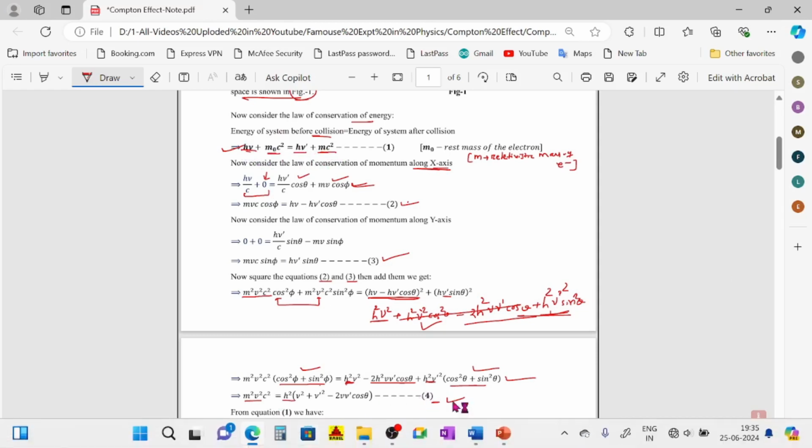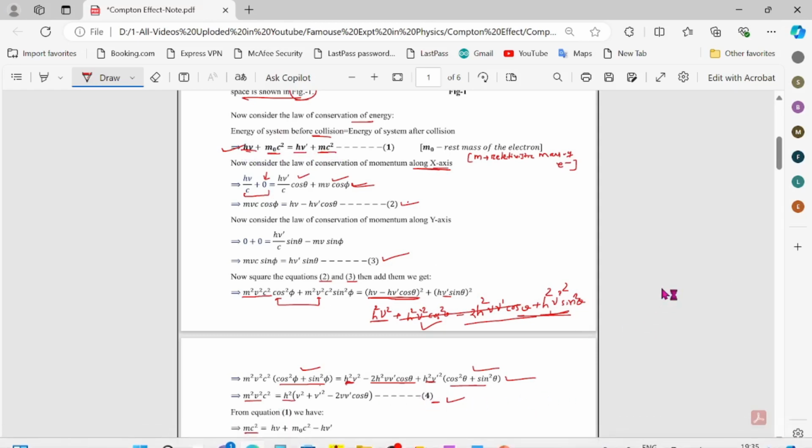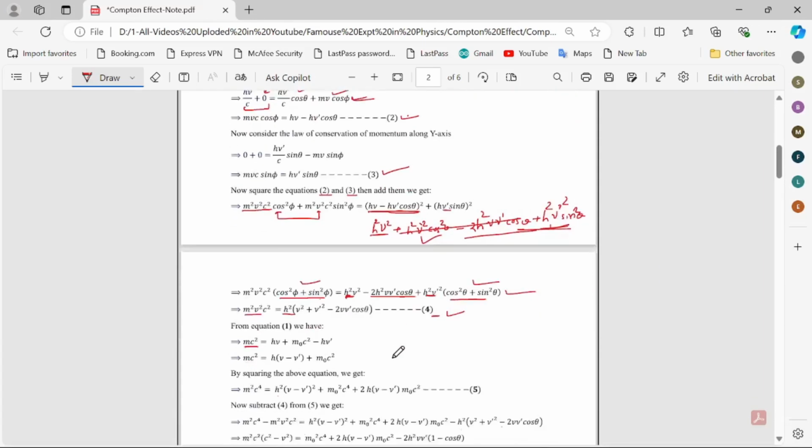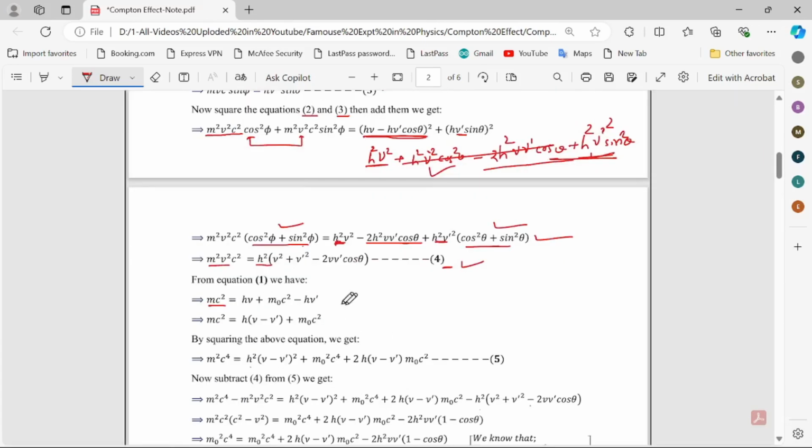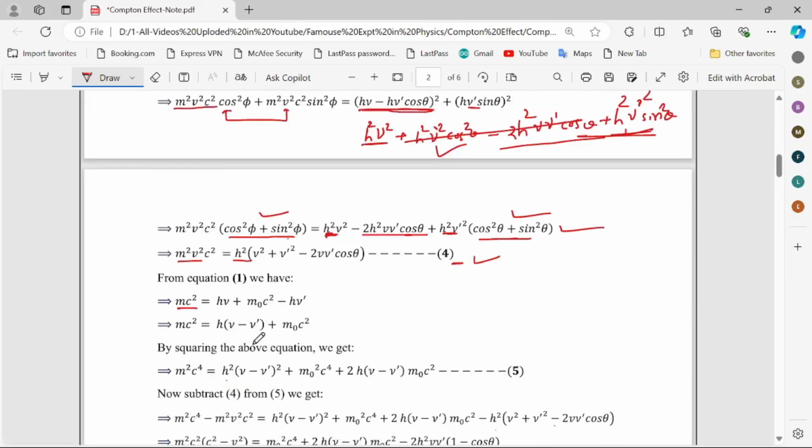That is, h mu plus m naught c square minus h mu dash. So that implies m c square will be equal to h into mu minus mu dash, plus m naught c square, right? Now we are going to square the above equation.